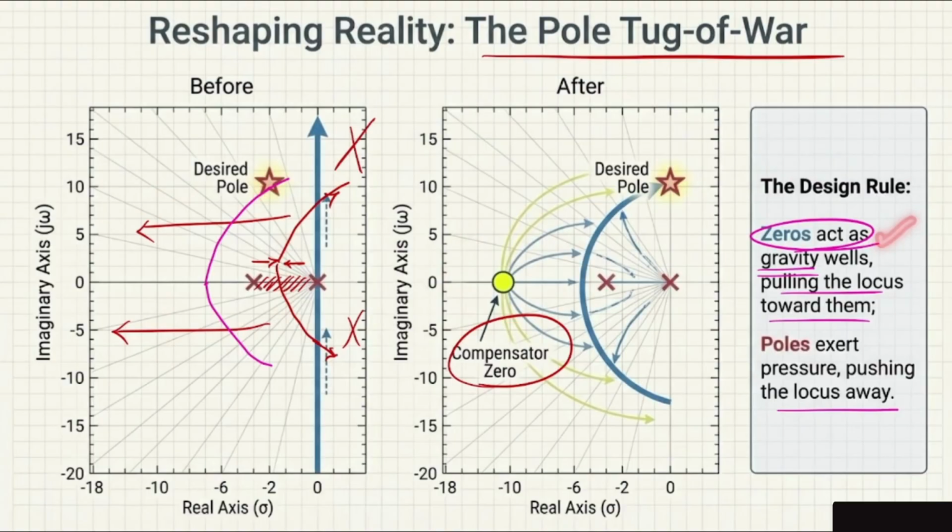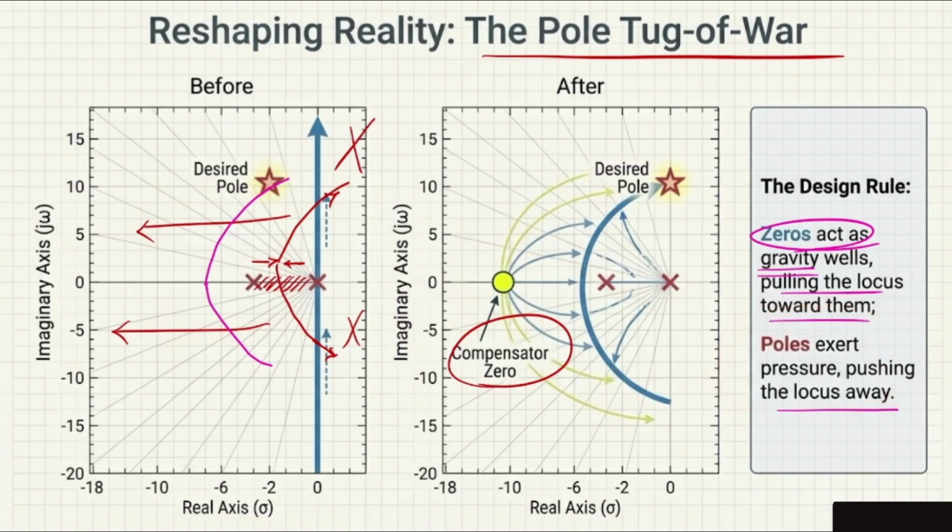Zeros act as gravity wells. As I told you, poles are DNA. Poles are the thing that is going to be the characteristic of your system, while zeros are constant values that are there, but they can act as gravity. It means that they pull the root locus towards themselves, while poles exert pressure, pushing the locus away.